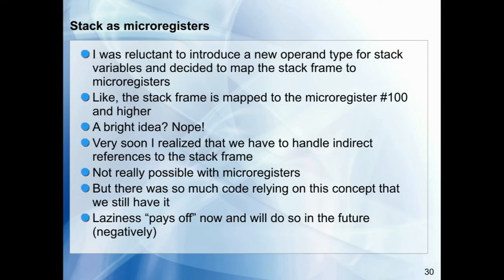Initially, it helped a lot because I did not need to re-implement or improve the existing optimization rules, but later it kicked back and bit me because there were many problems with the stack variables, like indirect references to the stack frame, and therefore a stack variable cannot be considered the same thing as a register.